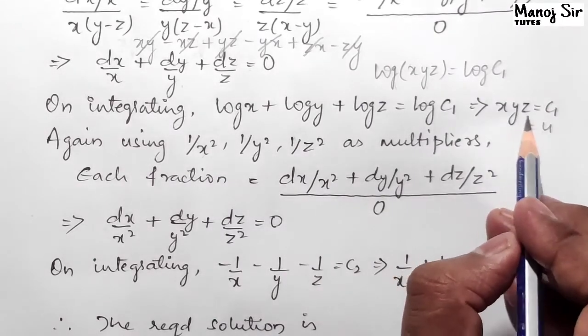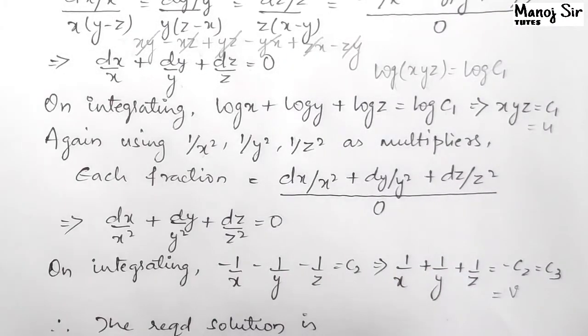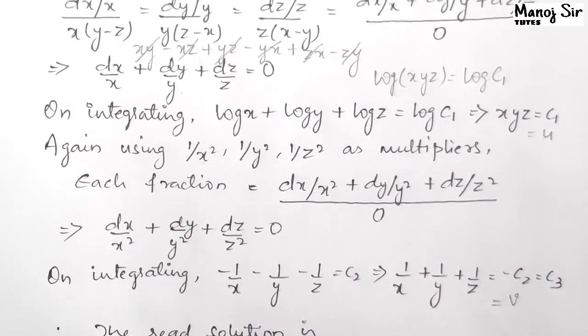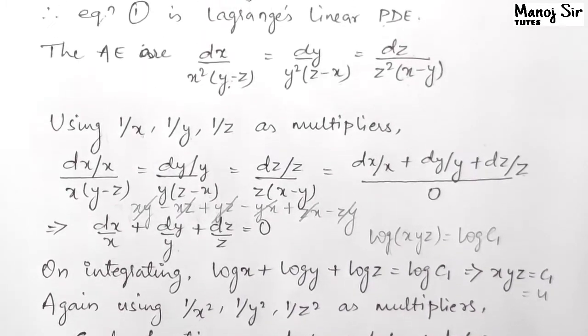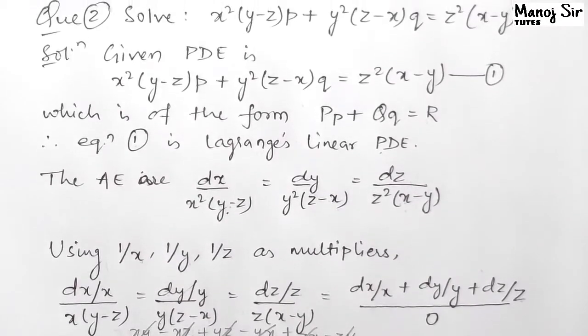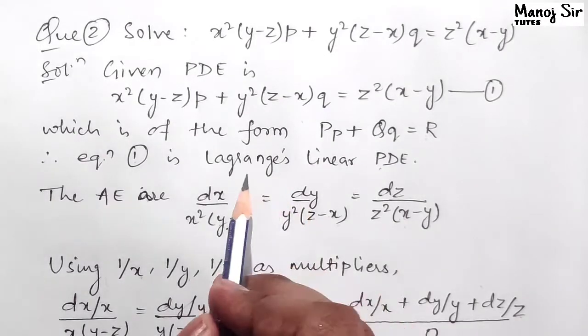After finding the values of u and v, we can write the solution of this equation, which is Lagrange's linear partial differential equation.